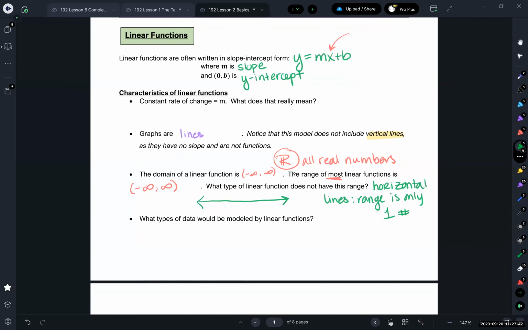And just to be thinking about what kinds of things actually have a linear relationship in the world. I think one of your most common ones is things like distance equals rate times time, as long as rate is constant. So if you're traveling for 2 hours at 60 miles an hour, then you can calculate your distance doing that calculation, and it would be a linear function.